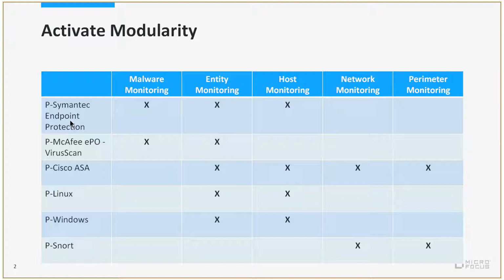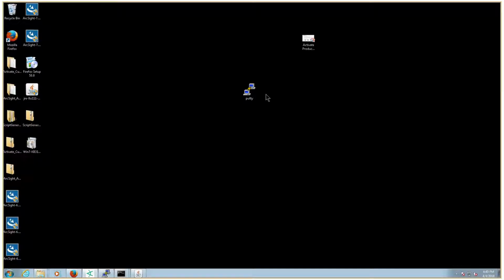And even though it's a malware solution, it will contain events that will feed the L1 and L2 malware monitoring, entity monitoring, and also host monitoring, because it has events for administrator login, logout, administrator created, service start, service stop, and so on. Now, how can we create these product packages?